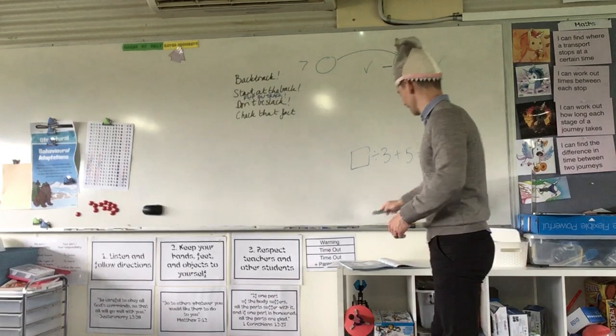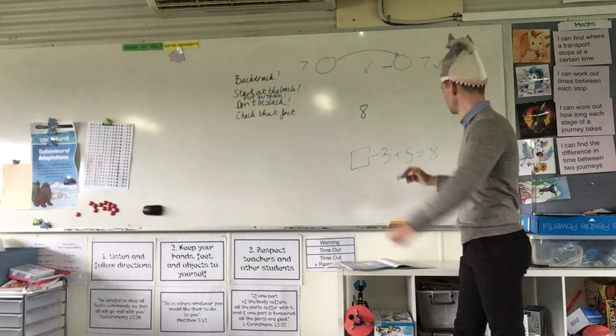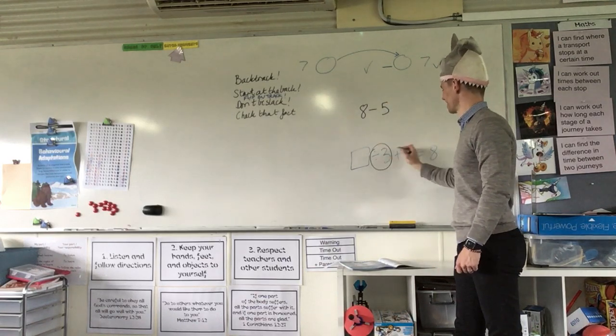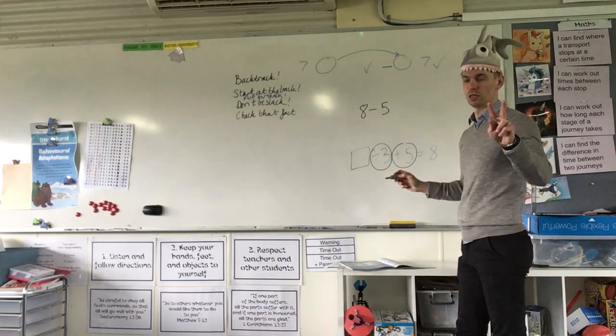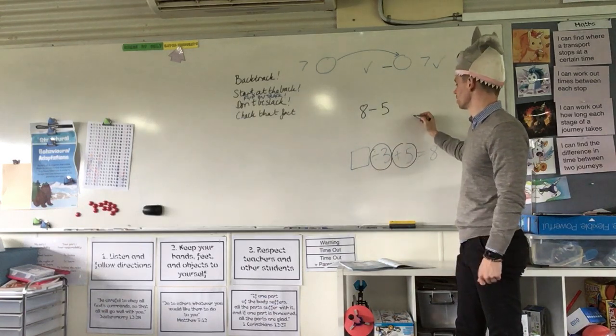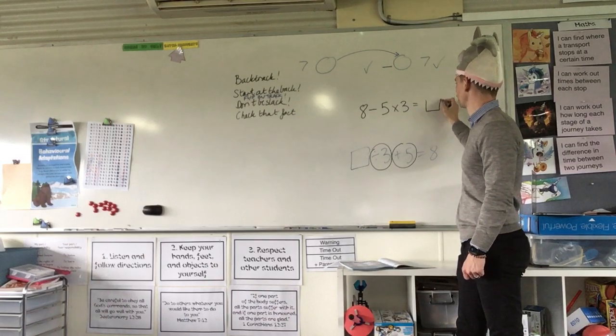So we backtrack, start at the back. I'm going to write it on top for this one. Start at the back is 8. Flip on track, minus 5. Now we're starting to flip two operations in the same sentence. Flip the divide by 3 into the times by 3 equals something.